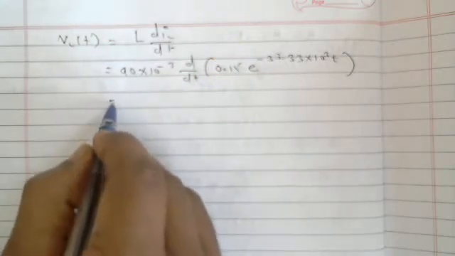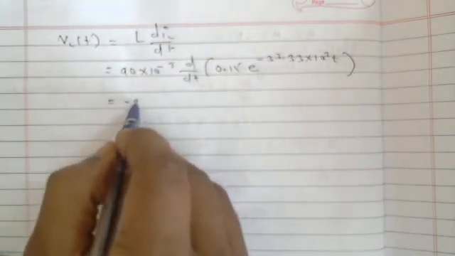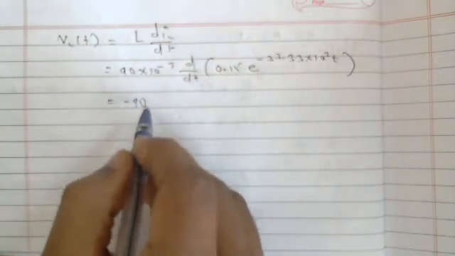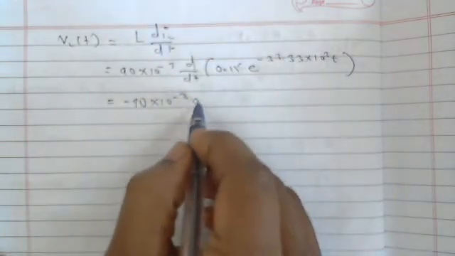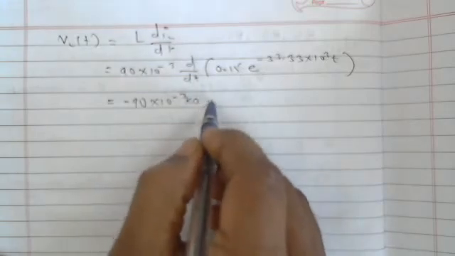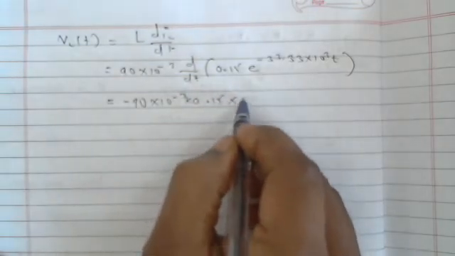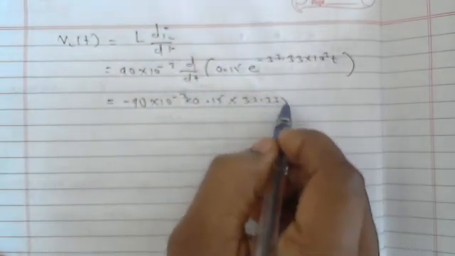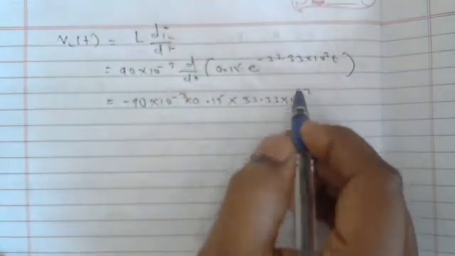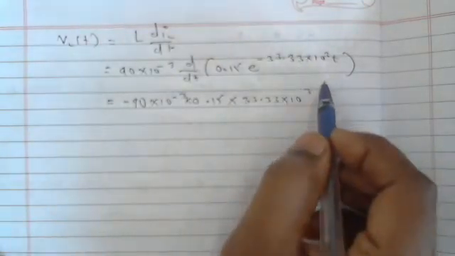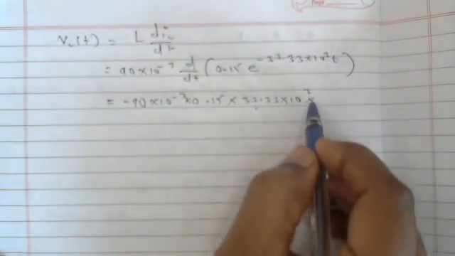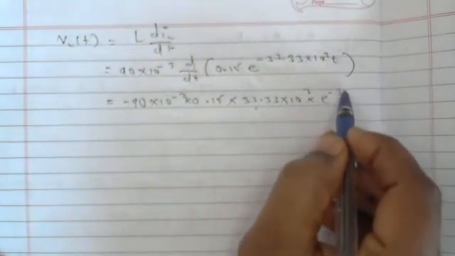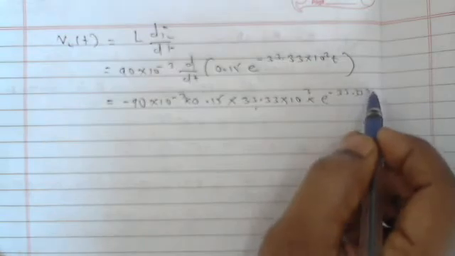Okay, so if we solve this, it will become minus 90 into 10 raised to minus 3, and when we take the derivative, it will be 0.15 into 33.33 into 10 raised to 3, and into e raised to minus 33.33 into 10 raised to 3 t.